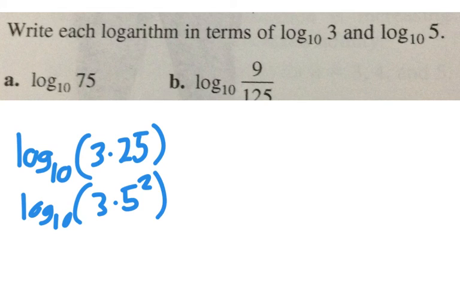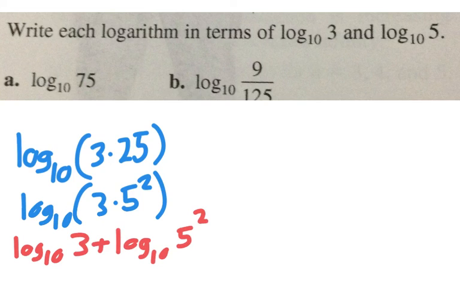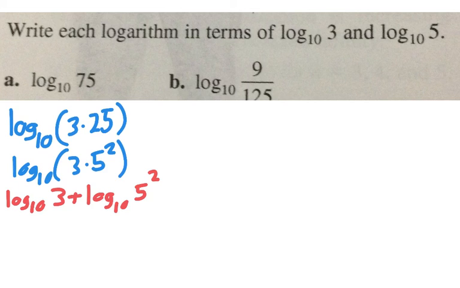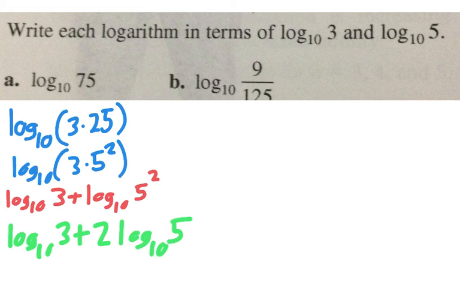And so now you've got arguments being multiplied, which means we can rewrite it over addition. And then you have a power that we can rewrite as multiplication out front.